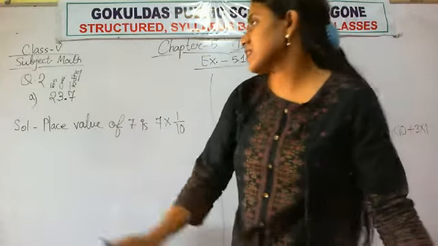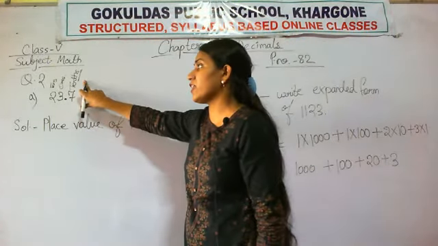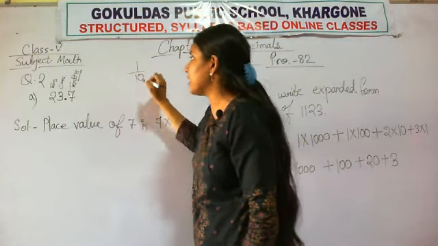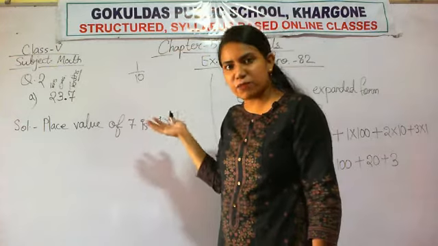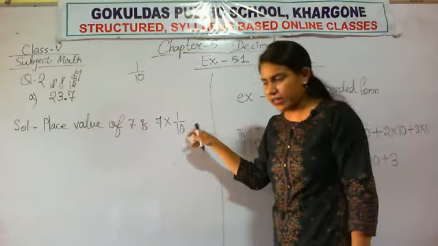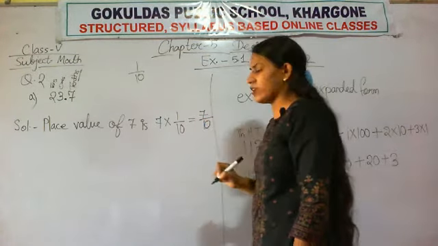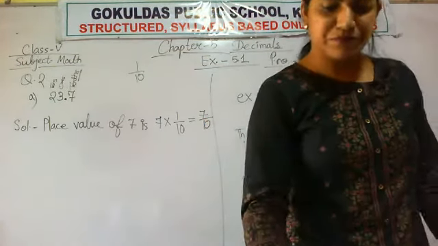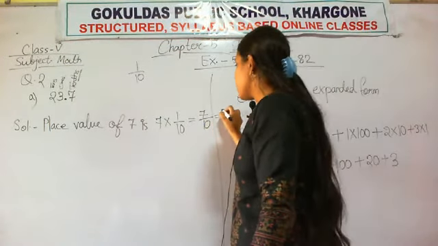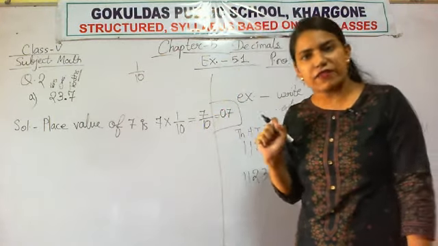Because 7's place value is tenths, and you know that 1 upon 10 is read as tenths place. That is why I am writing 1 upon 10 here. Now when you multiply it, your answer will be 7 upon 10, and 7 upon 10 can be written as 0.7.